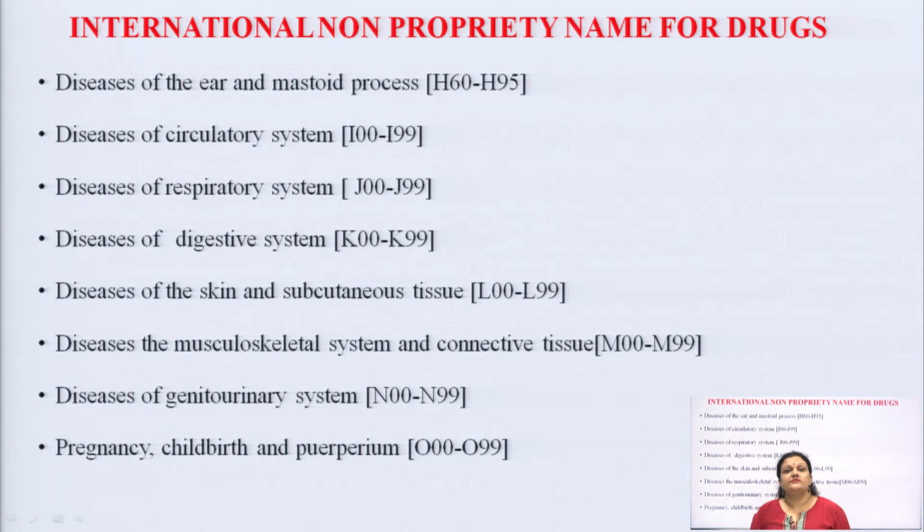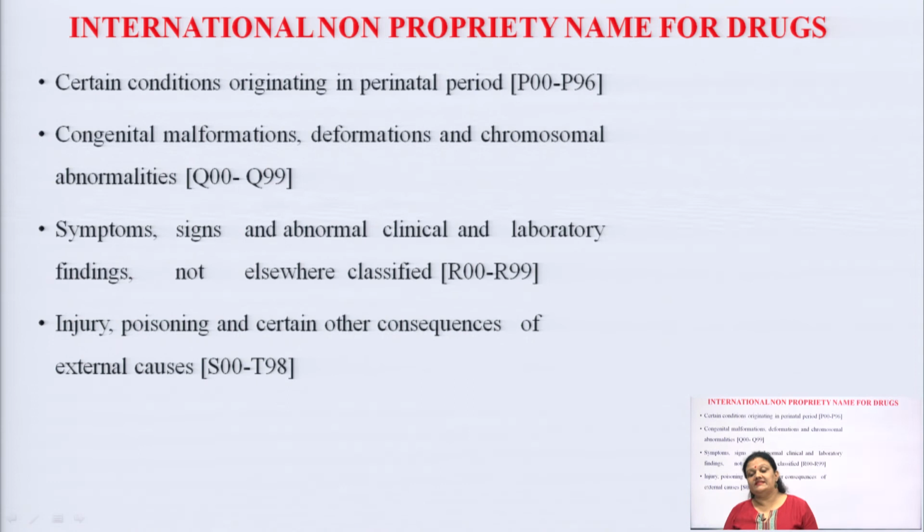This terminology is basically used for the females who are going to give childbirth or in a phase of planning to get pregnant, up to the next 1 year duration of time. So, these are considered to be or coded as O00 to O99. Okay. So, these are different codes according to ICD 9 and 10 classification of disease.